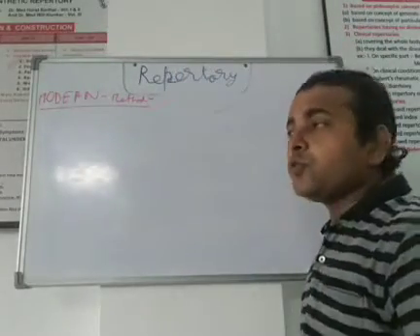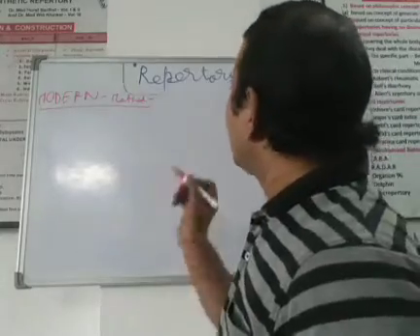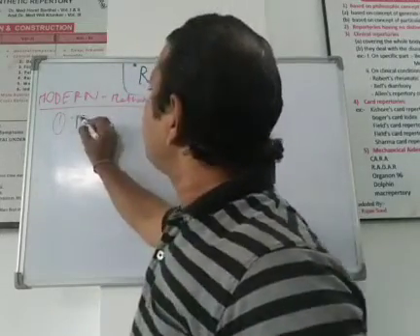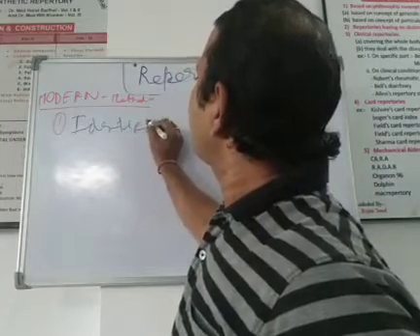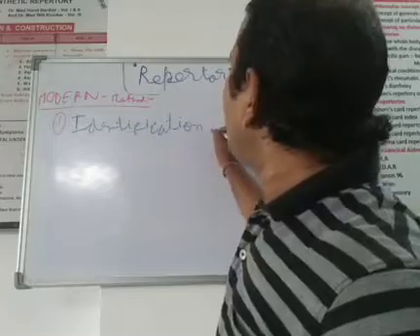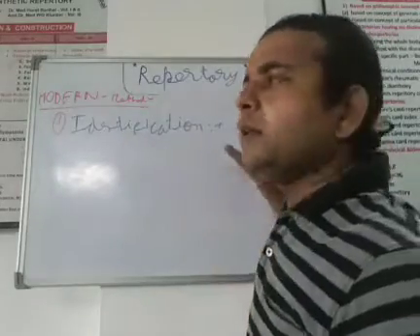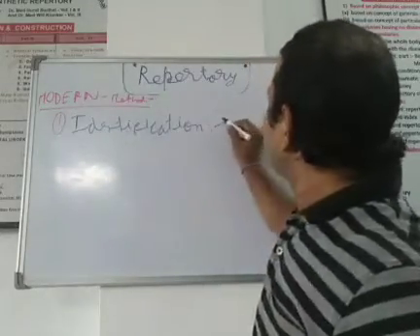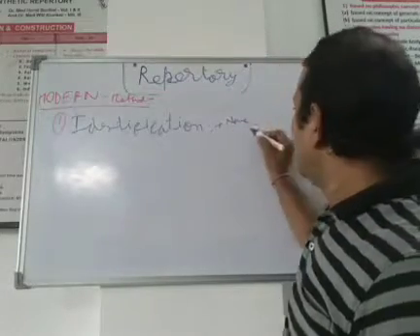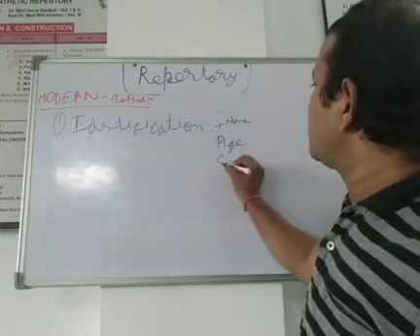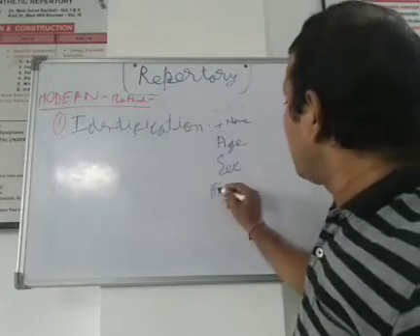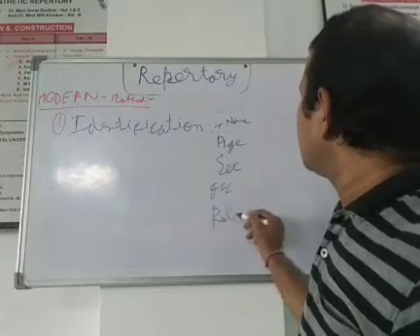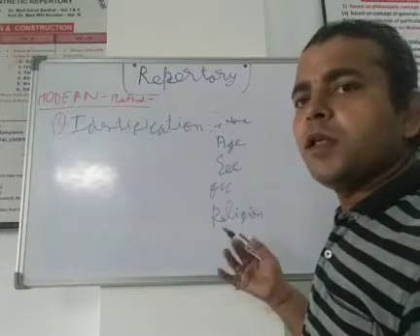How will this look? In the first section you will find identification of the patient. In the identification column you will note down the name, age, sex, occupation, religion and address.